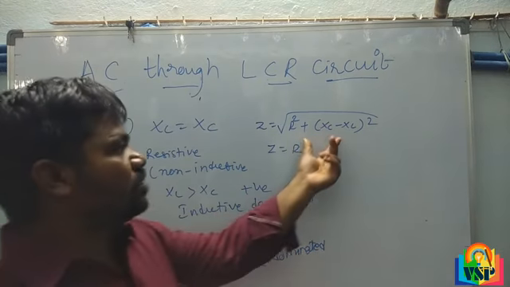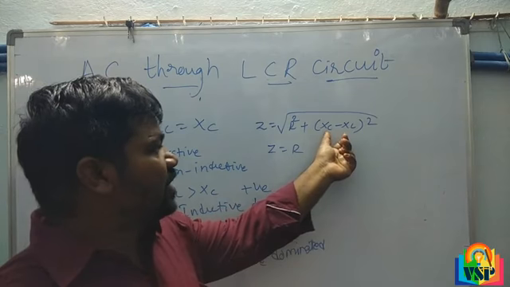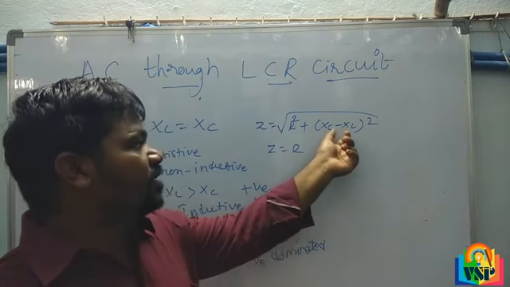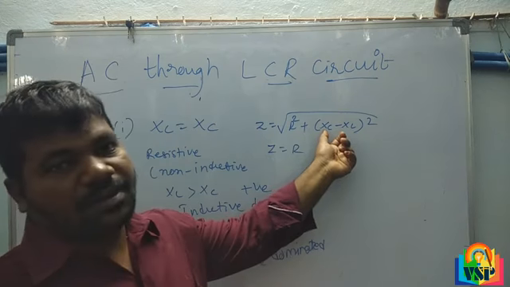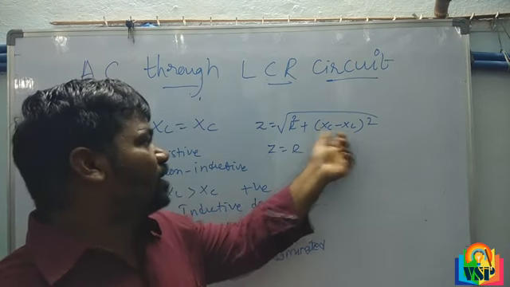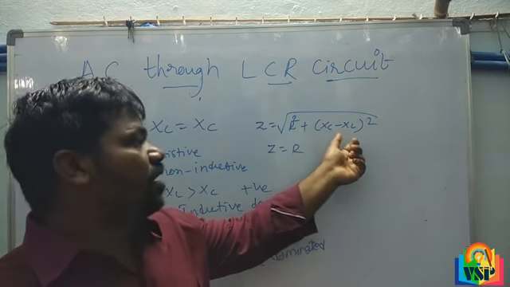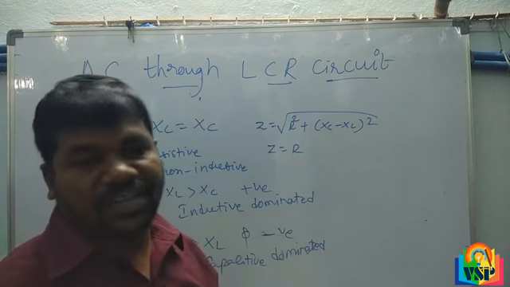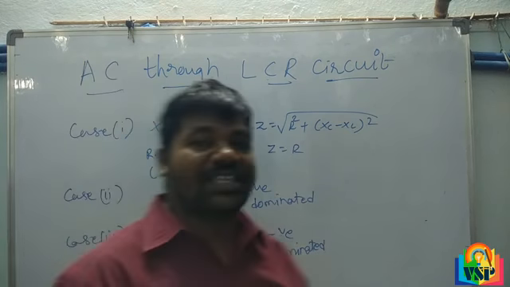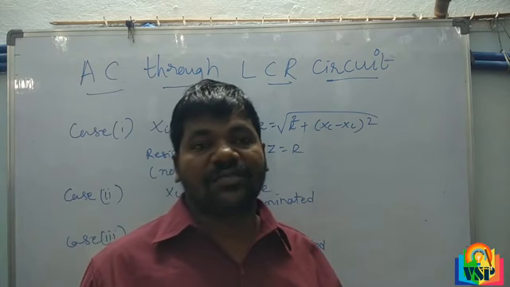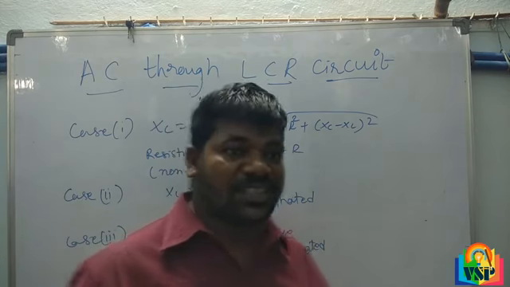Both equal means resistance dominated. XL greater than XC means inductive dominated circuit. Understand, my children? Very important, this derivation.